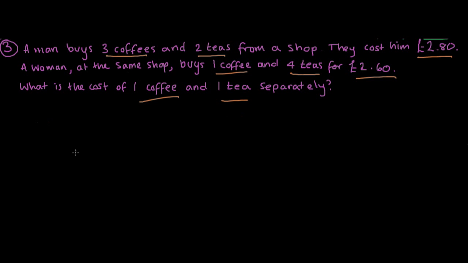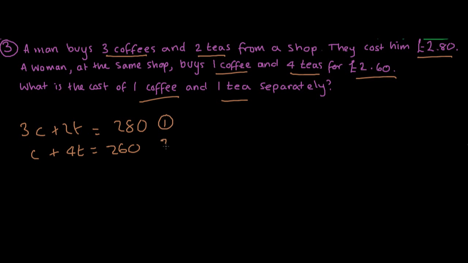So let's express the word coffee by C and the word tea by T. So we've got 3C plus 2T equals 280. I'm just using the penny form instead of the pound form. £2.80 is 280p. That's from the first line. The second line gives us c plus 4t equals 260.